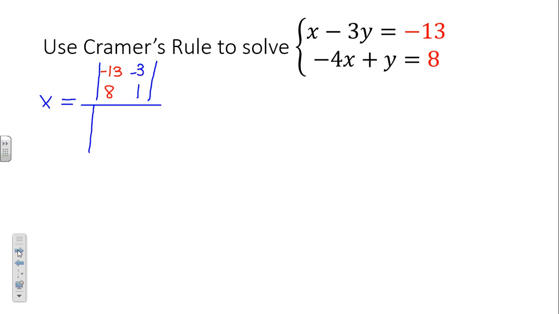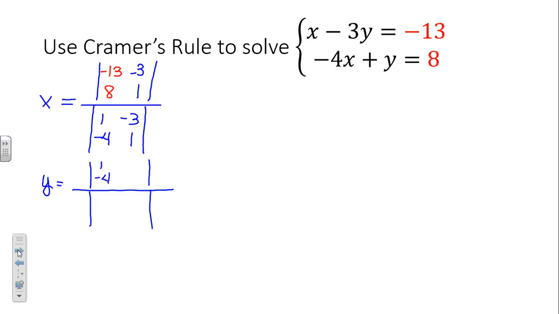And what's my coefficient matrix? And the y will be equal to my matrix with the y's removed. So what goes in my first column?